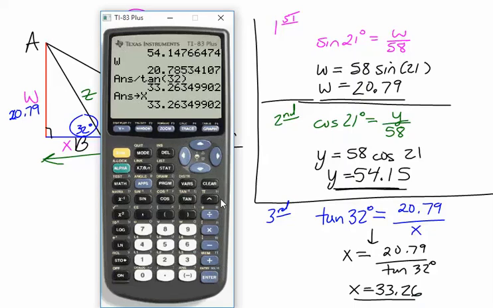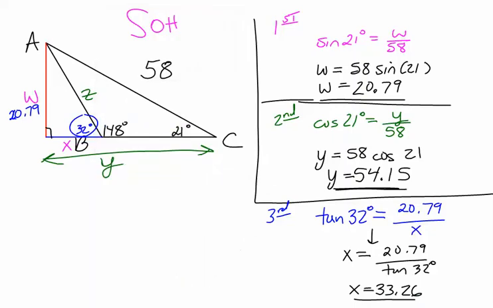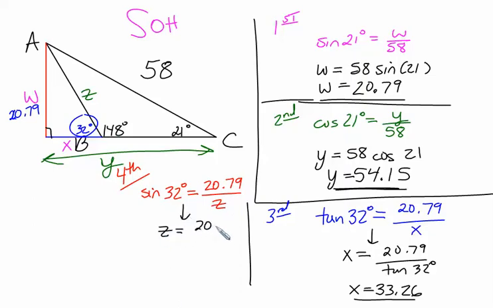We've got one more thing that we need to solve for, and we need to catch our z's on that. So up here, we're going to solve for z, last but not least, and that'll be the fourth item that we're doing. And what we'll have is that the sine of the 32 degrees is equal to its opposite, which is 20.79, divided by the hypotenuse, which is z. We see that when this shapes up, z will be equal to 20.79 divided by the sine of 32.